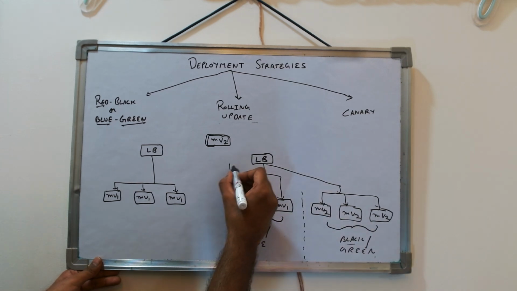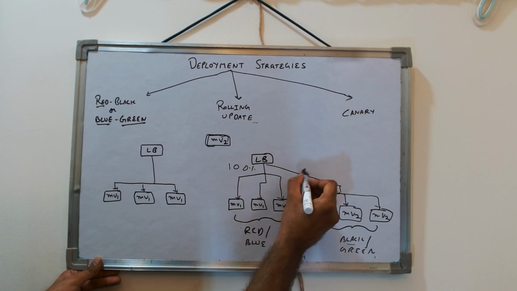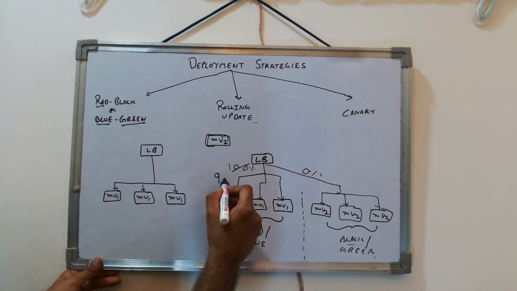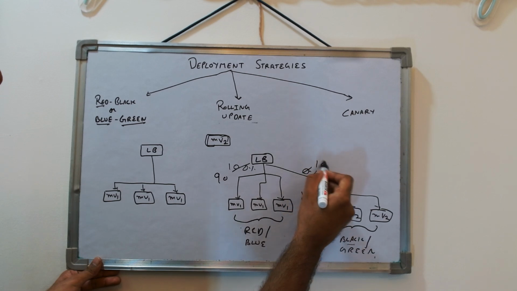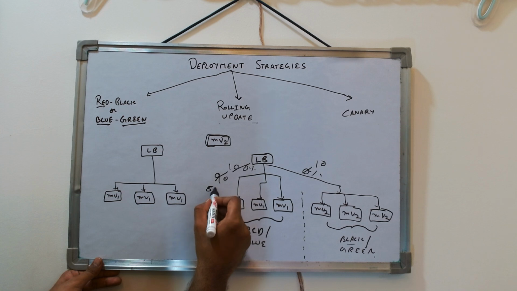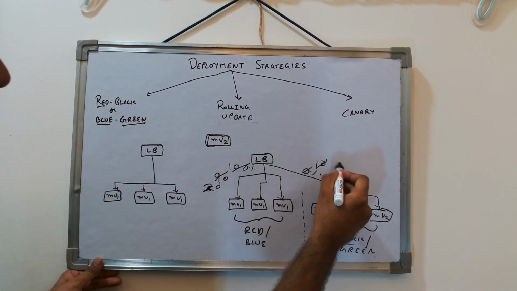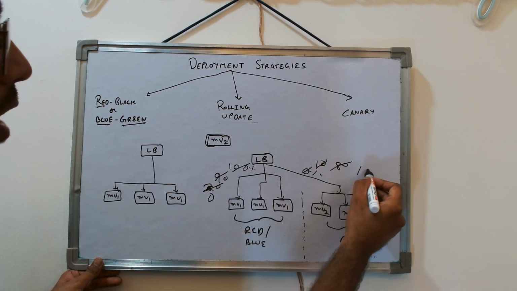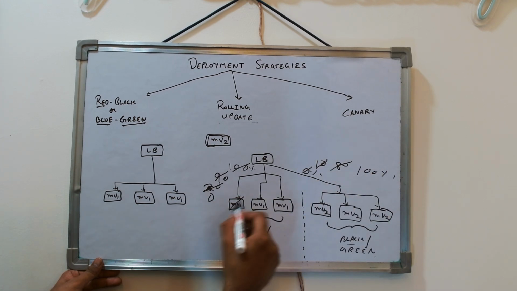So let's say currently 100% traffic was going here and here it was 0%. Slowly it would be 90% here, 10% here. Then 20% here, 80% here, and after that 0% here and all 100% here, and after that this will be decommissioned.